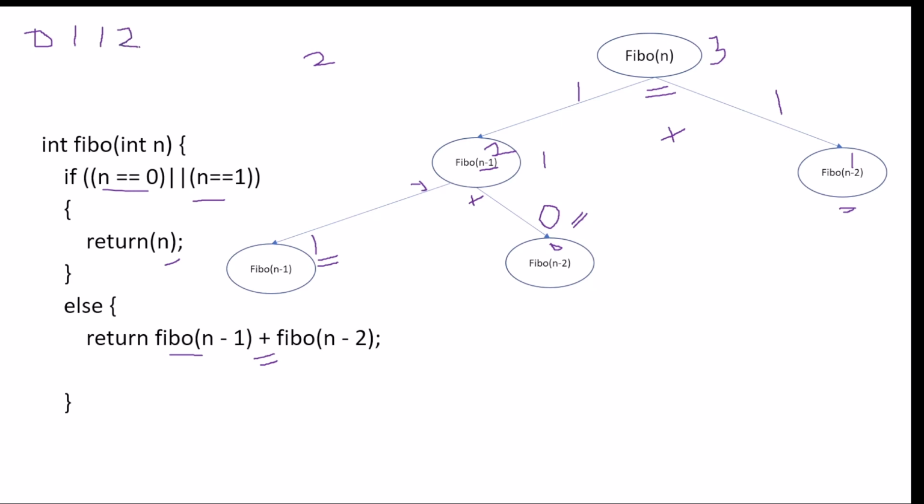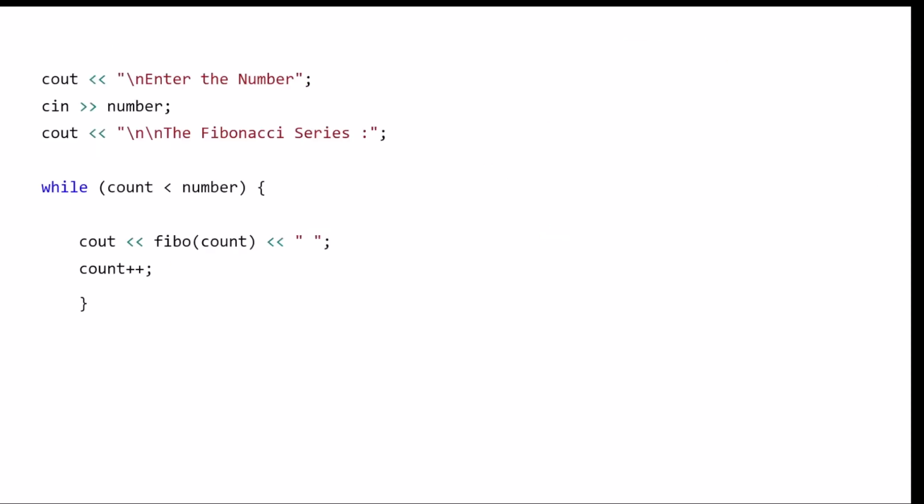So here we have found that the third term will be 2. Now we have generated a single term in the Fibonacci recursive method.